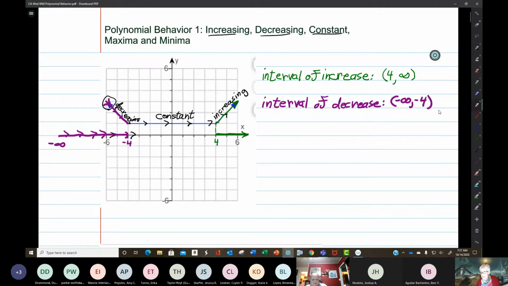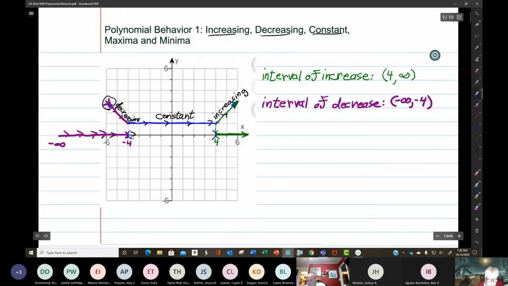Now what's left? Constant. Let's make that blue. It's already blue, of course, but I'll go over it. The flat part is constant. And the flat part runs from -4 to +4. So right now I want to get my green marker and do that. Now back to blue.